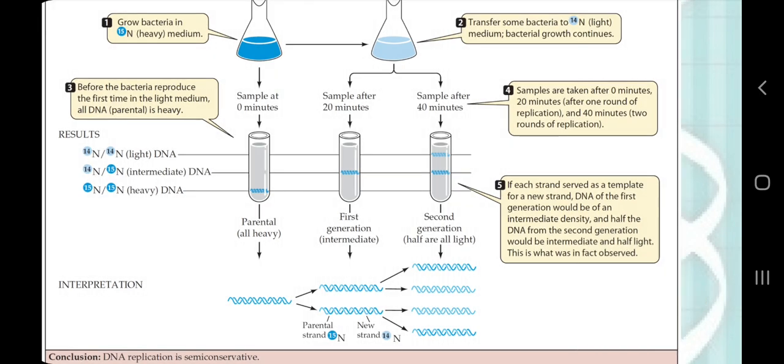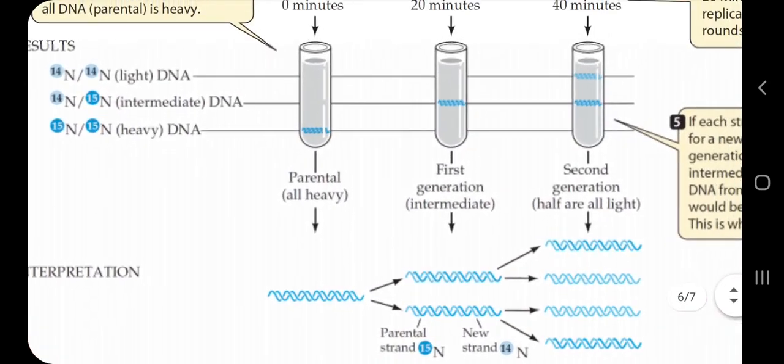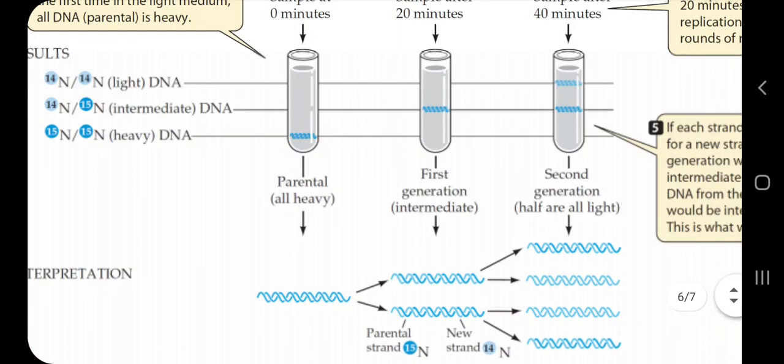And the results he got: in the first experiment he got a band of DNA at the 15N position. In the second experiment he got it at the intermediate position between 14N and 15N, and in the third experiment he got two bands, one in the intermediate position and the second one completely in the 14N position. So why was the third experiment conducted?